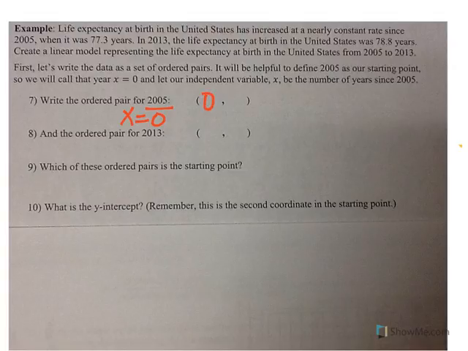So we will have the ordered pair (0, 77.3) for 2005. Now, 2013 is 8 years later, so x is going to be 8, and I have the ordered pair (8, 78.8), because in 2013 it rose to 78.8. So here are my 2 ordered pairs.